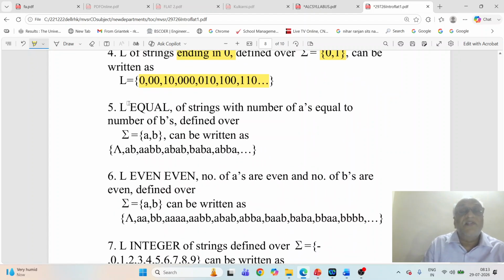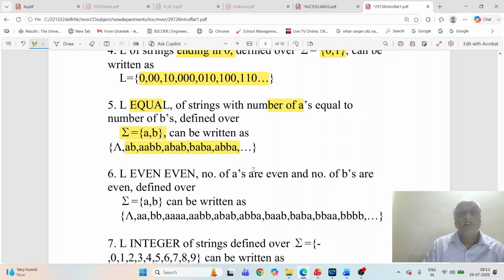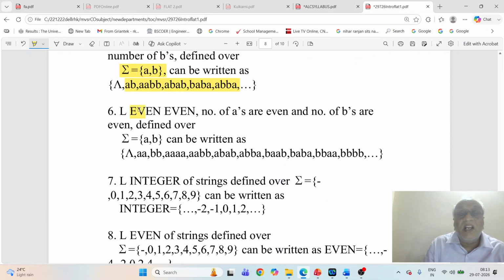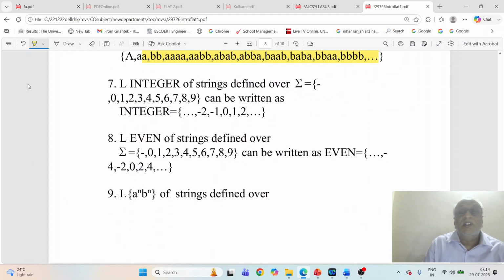Let us say we define a language called equal. Here, equal number of a's and equal number of b's over sigma equal to a comma b. You see here all of them have equal numbers of a's and b's. Now you have the even language. Here also you see all of them are even. Here we are just defining the integers, so you can see some set of integers.